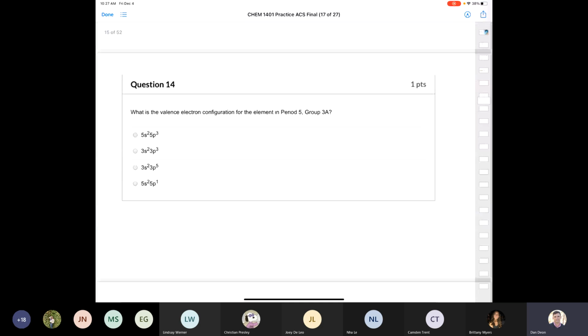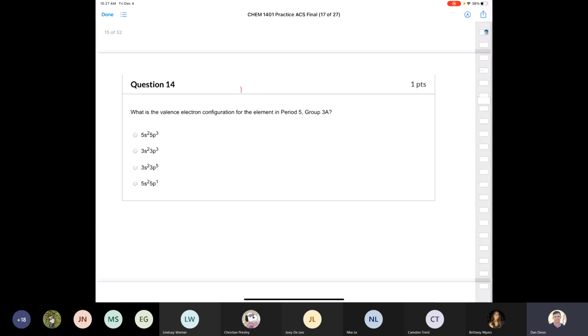Number 14. What is the valence electron configuration for the element in period 5, group 3A? If I look at period 5, I start with rubidium, strontium, then I cross the transition metals. When I get to group 3A in the 5th period, I have indium, element number 49.